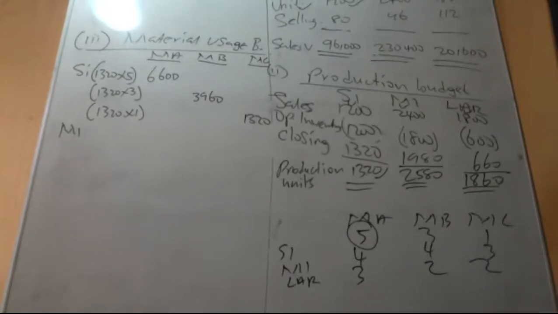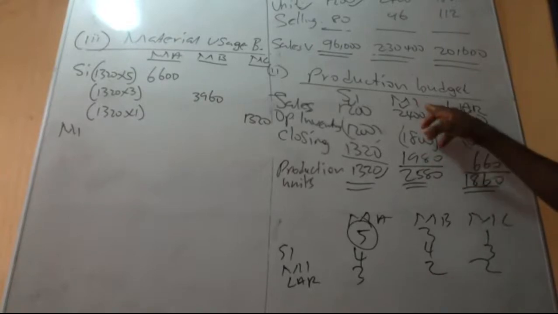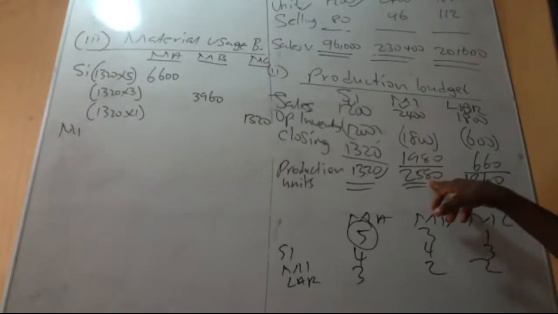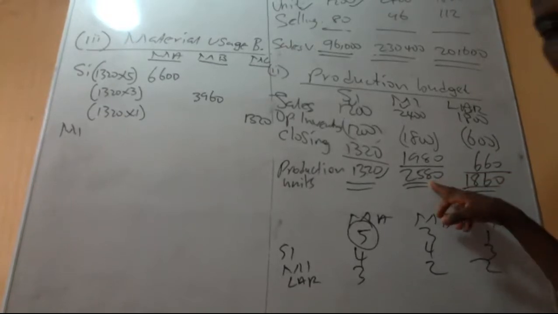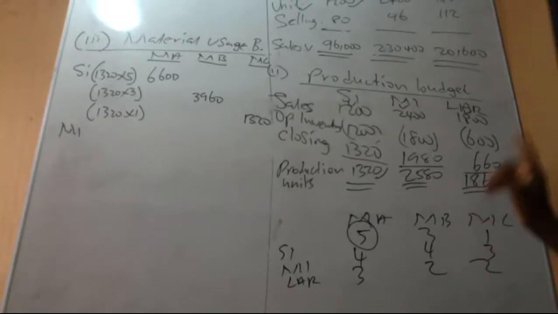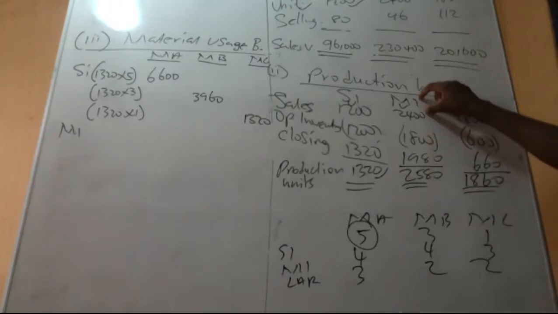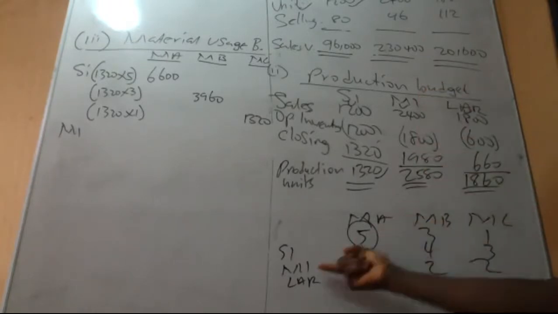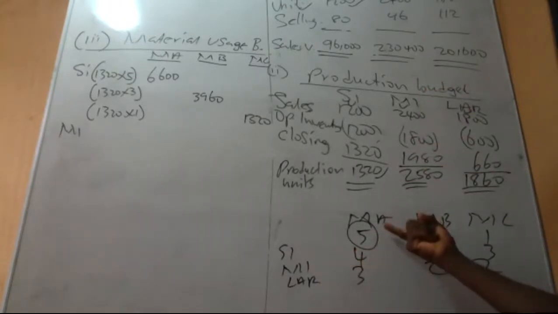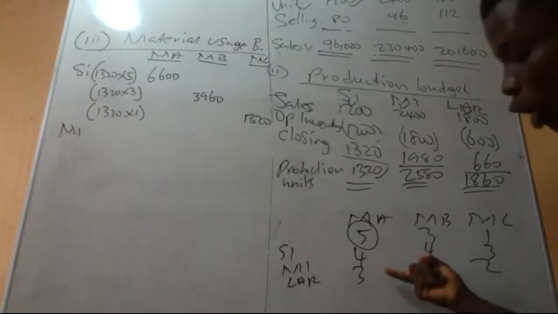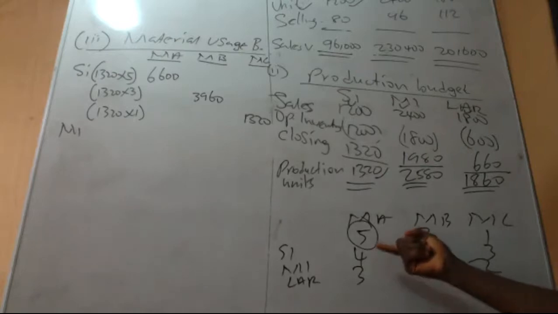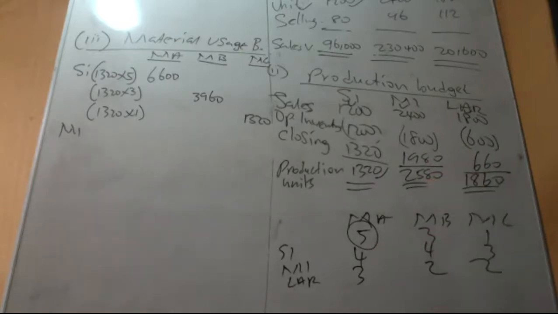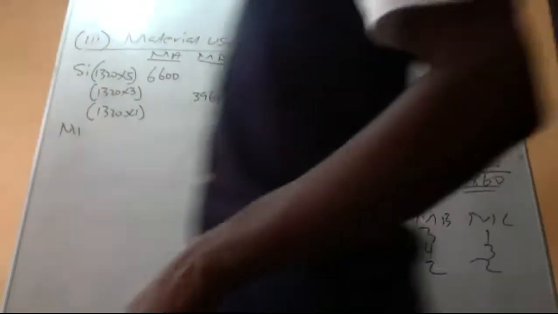So for product MI, we are going to produce 2580. If you want to produce a unit of MI, how many MA do you need? We need 4 of MA. So it will be 4 by 2580, right? Good.